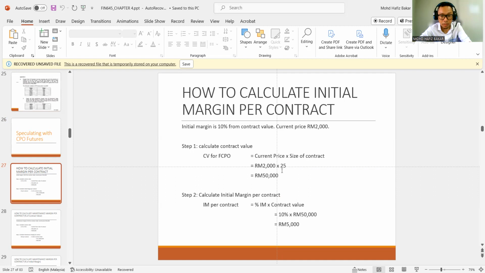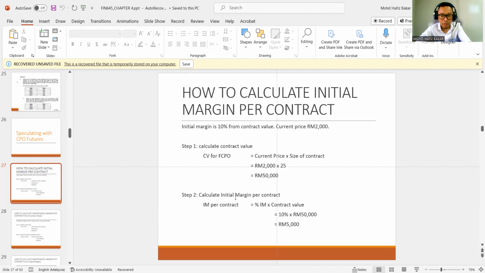So the current price of 2,000 ringgit times 25 tons is equivalent to 50,000 ringgit Malaysia. This is the contract value for this futures contract of crude palm oil.